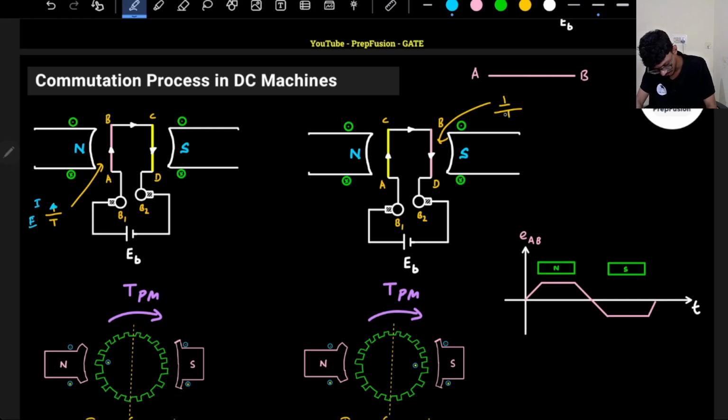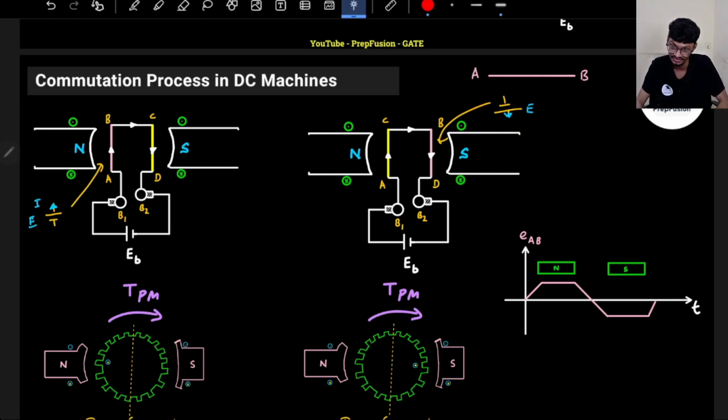Here, what is the direction of the current? Again, at the bottom. So the conductor is delivering power. That is fine, but the induced EMF in the single coil changes. This will be A, and this will be D, right? AD.